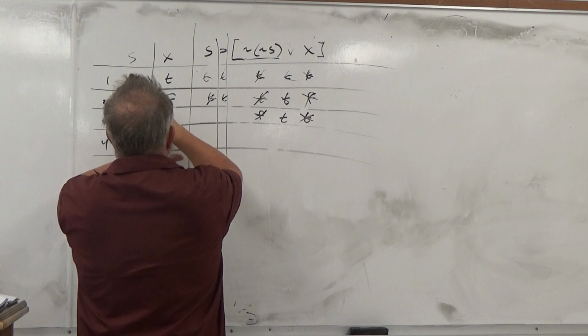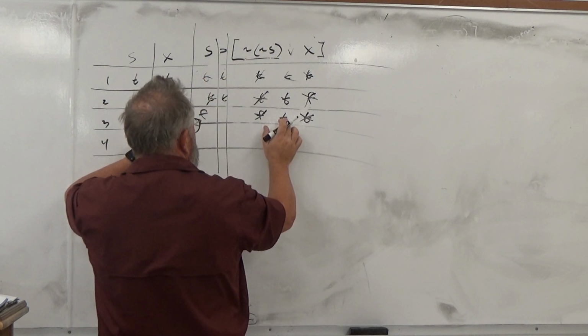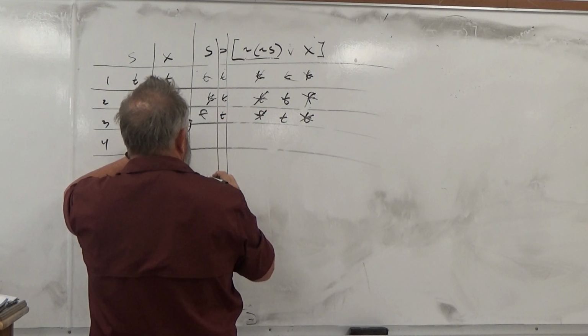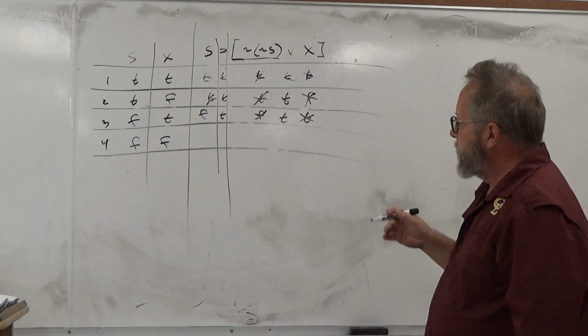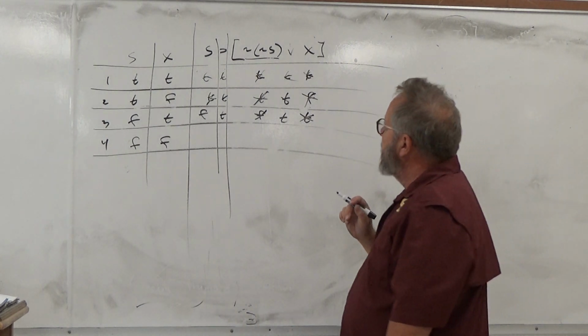And on this line, S is false, so our final calculation is false then true, which is true. So we calculated line 3, and so far everything is true, so it looks like we're on our way to a tautology.